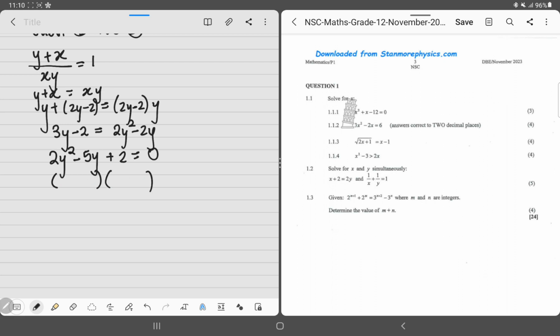So we need to find the factors. So this is obviously going to be a 2y and a y. In order for me to get to there, I need to have a 2 there and a 1 there, so that becomes minus 4y and then minus 5.